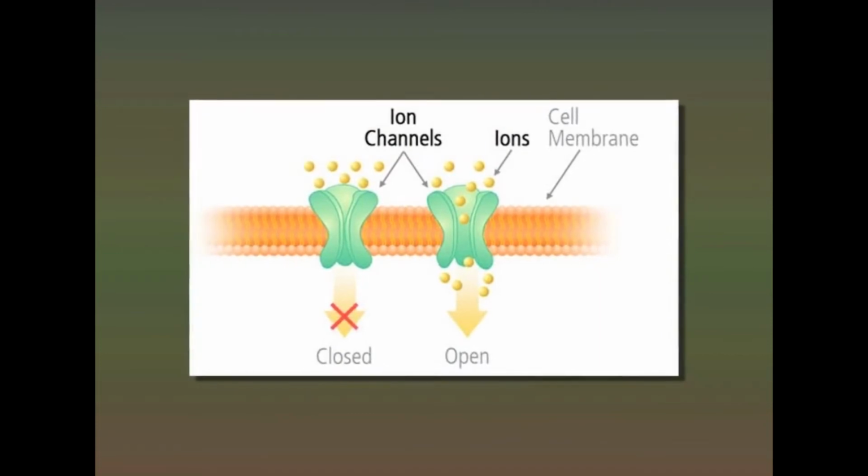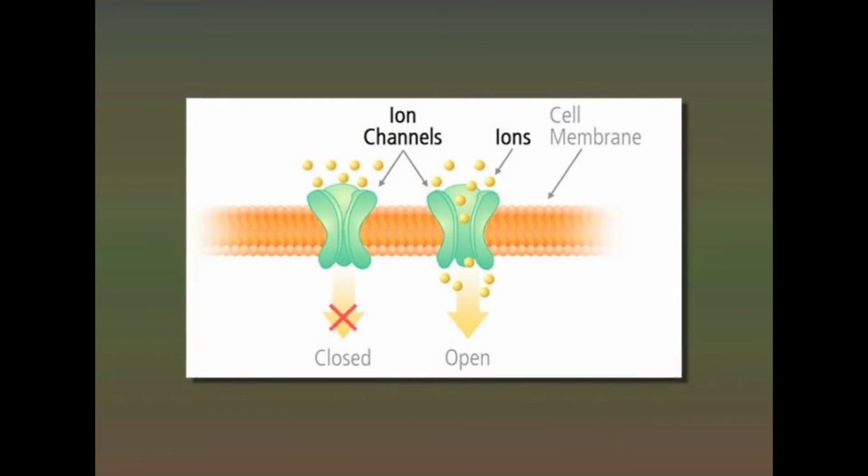The ion channels show selectivity for the type of ions that can pass through them. This selectivity is based partially on the diameter of the channel and partially on the charged and polar surfaces of the protein that form the walls of the channel. Depending on the charge of these polar surfaces, the selectivity also depends.